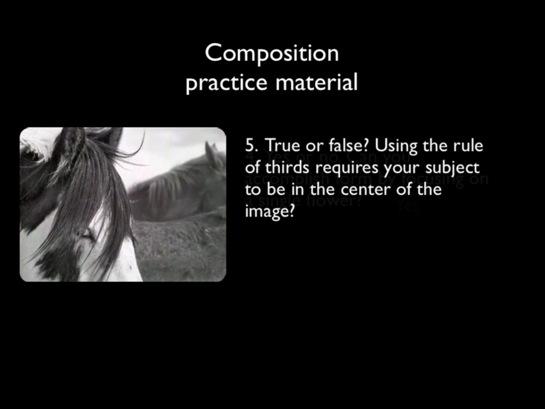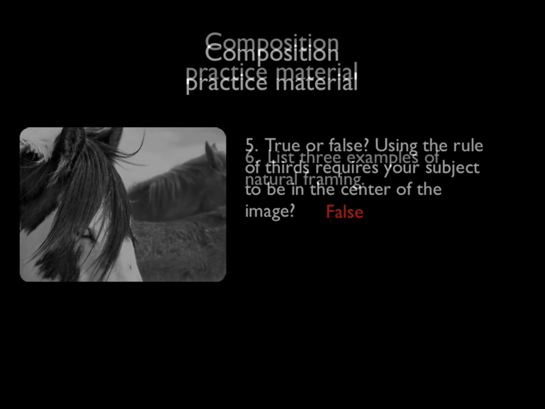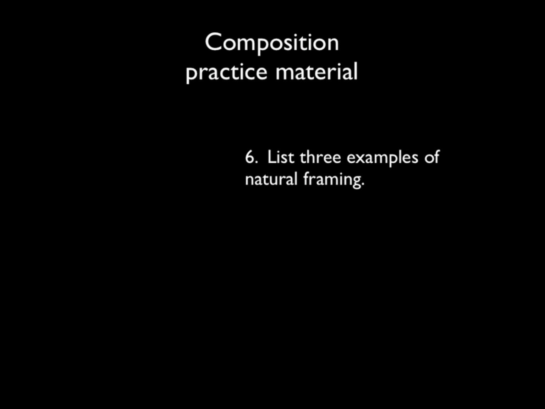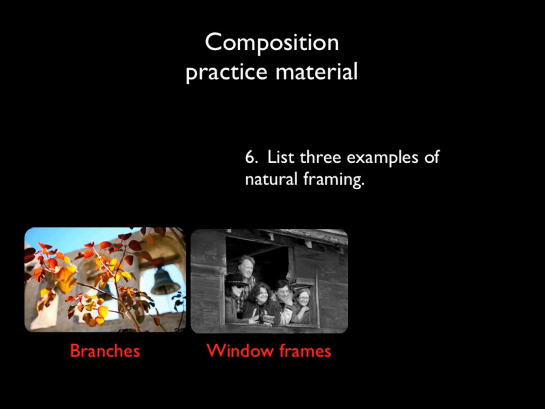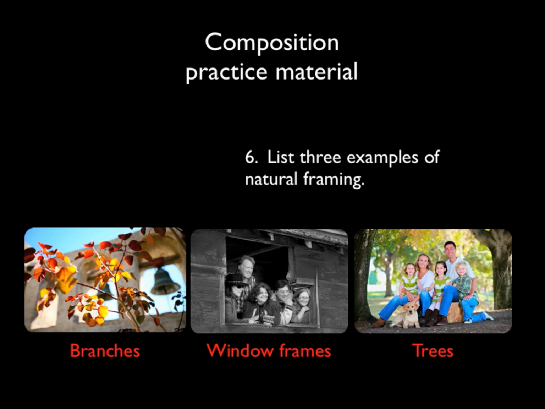5. True or false? Using the rule of thirds requires your subject to be in the center of the image. False. 6. List 3 examples of natural framing. Branches, window frames, and trees. 7.